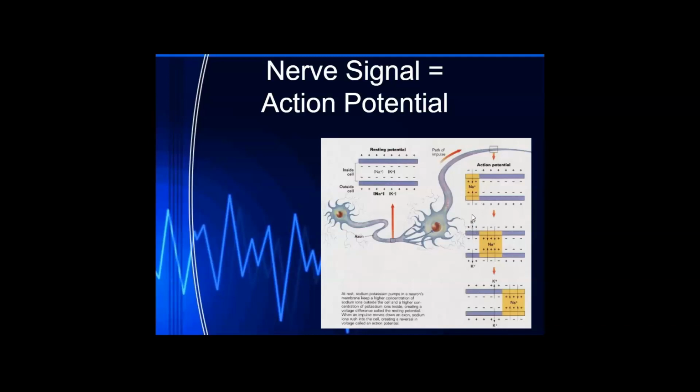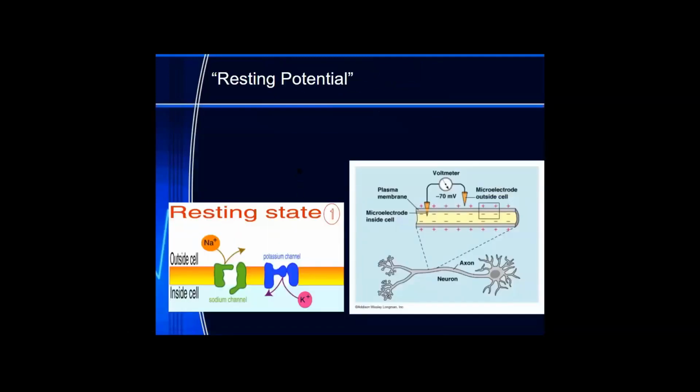Potassium goes out of the cell, because right now these are moving with their concentration gradient, from high to low. This is not the sodium potassium pump. Then that causes the next channel to open. More sodium comes in, causing potassium channels to open, and potassium goes out. The reset is the sodium potassium pump, moving against the concentration gradient, kicking sodium out of the cell and pulling potassium back in. That's what you guys are used to.